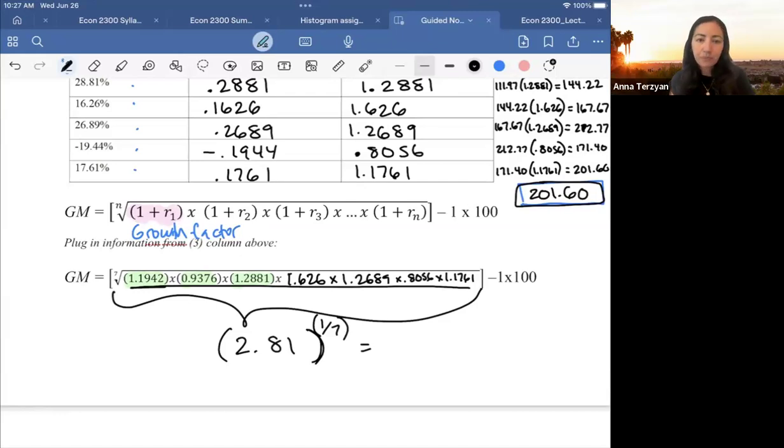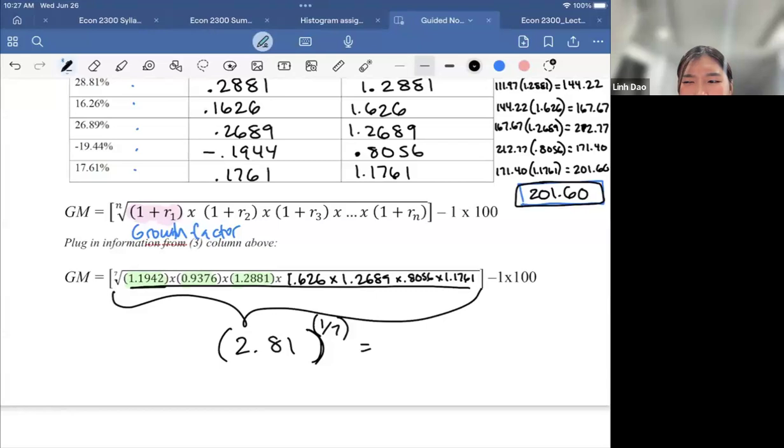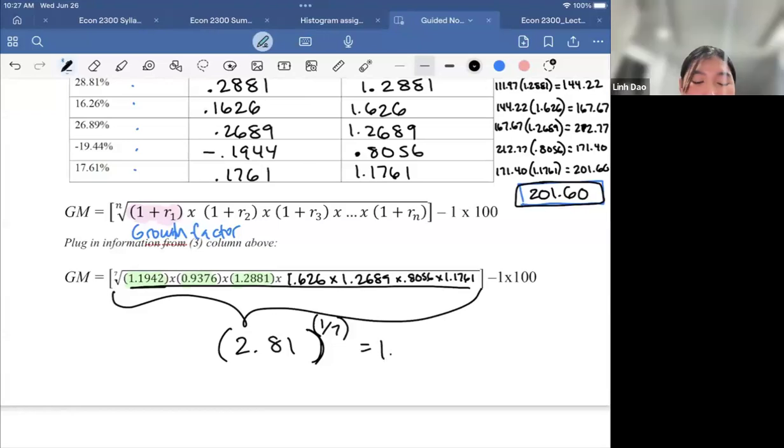And what do we get? 1.159. Okay, that would be it.